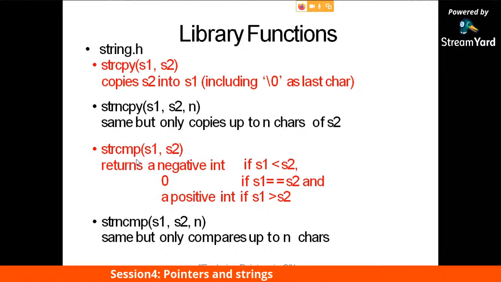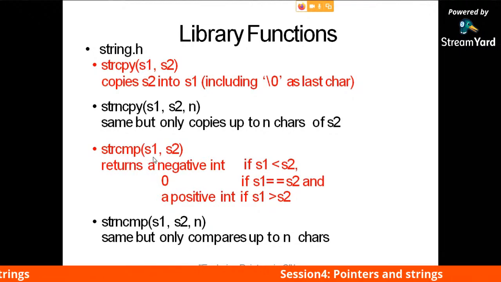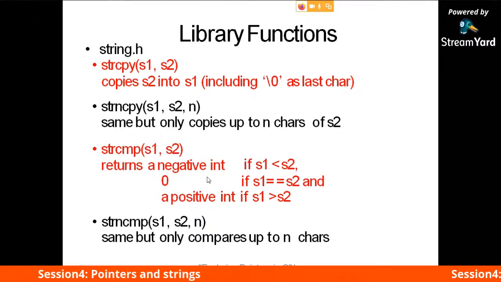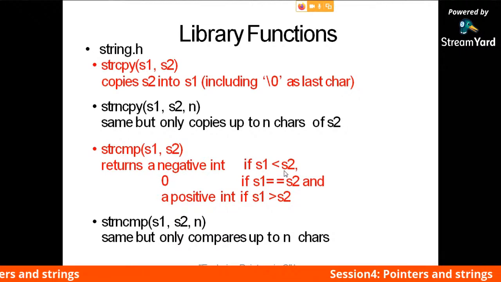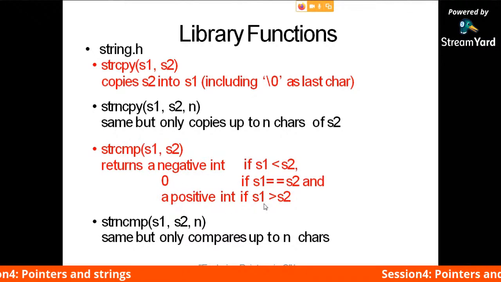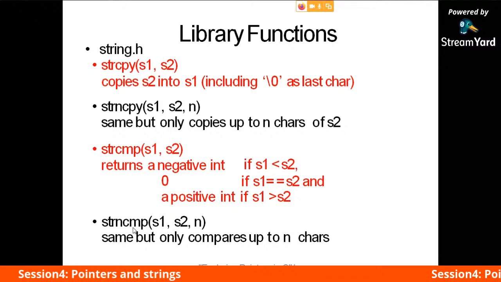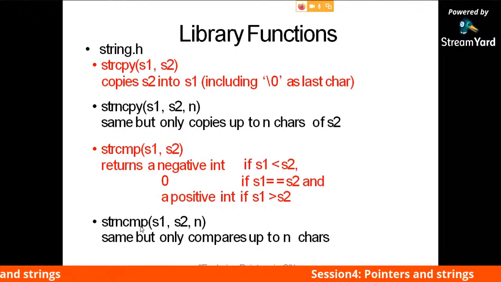strcmp is one more important string related function which compares two strings s1 and s2. It returns a negative integer if s1 is less than s2. It returns 0 if both the strings are equal. It returns a positive value if s1 is greater than s2. Its variant is strncmp, string n compare.